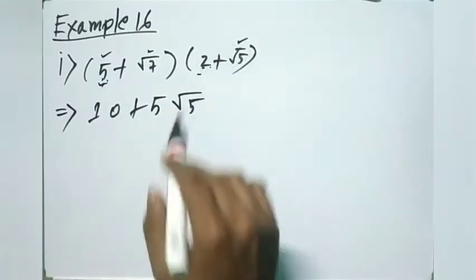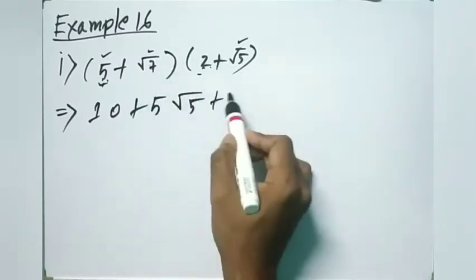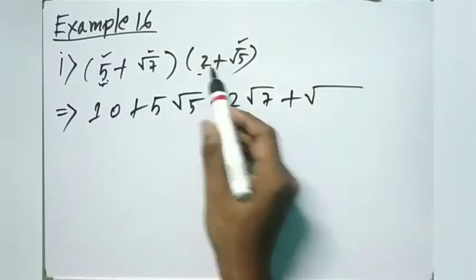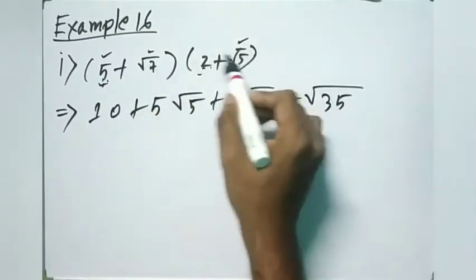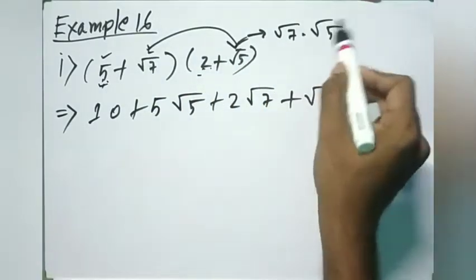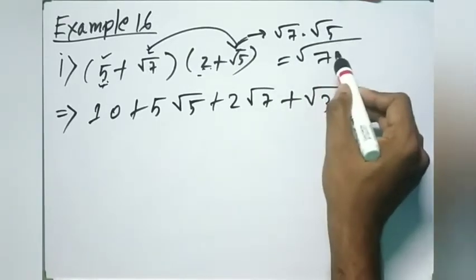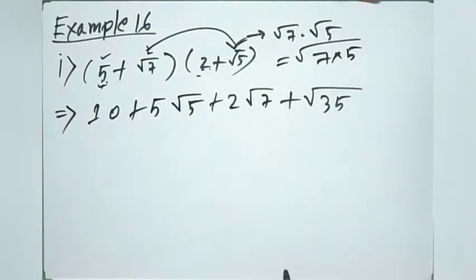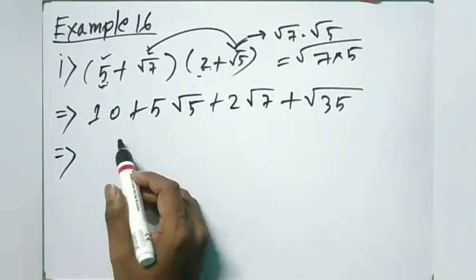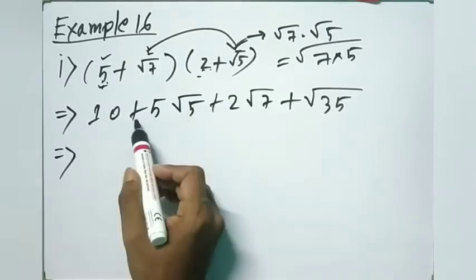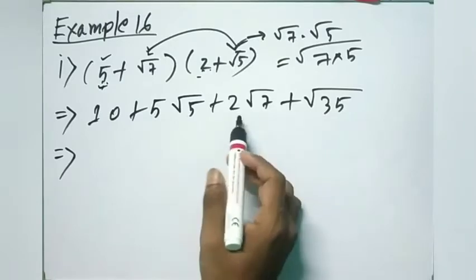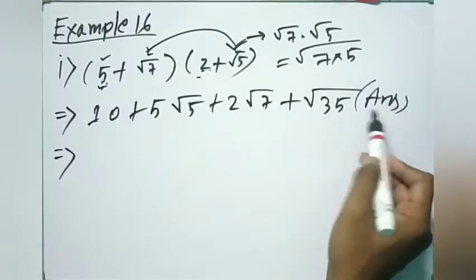And then 2 root 7 plus root 35. I told you that here the result will be root 7 dot root 5, and we can write this part like this. What is the simplification? We cannot do any addition or subtraction here. So this is the answer.